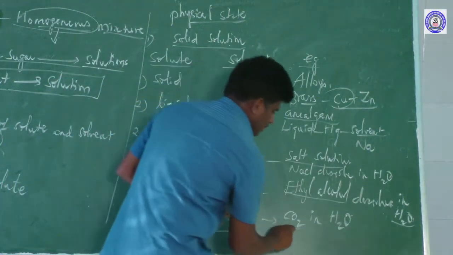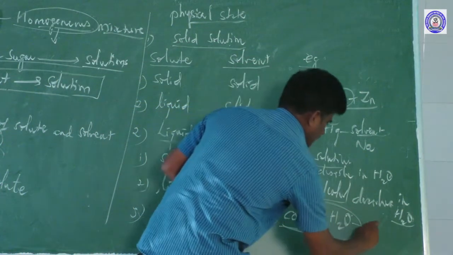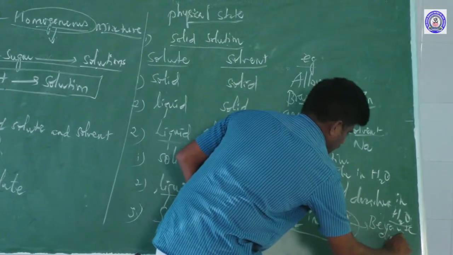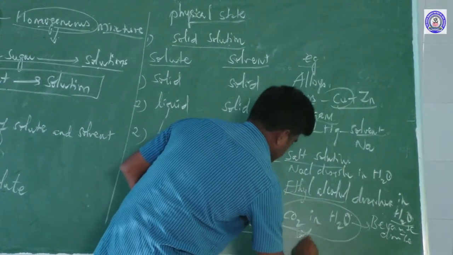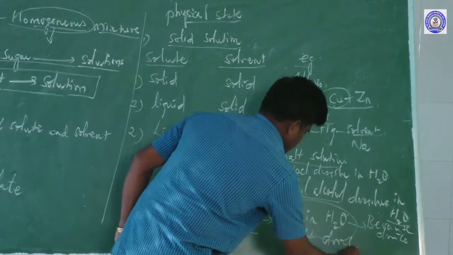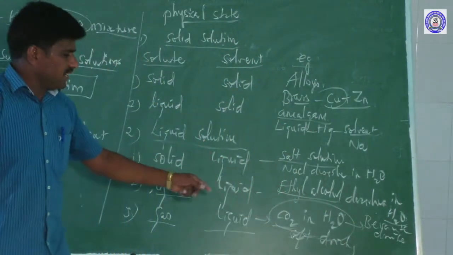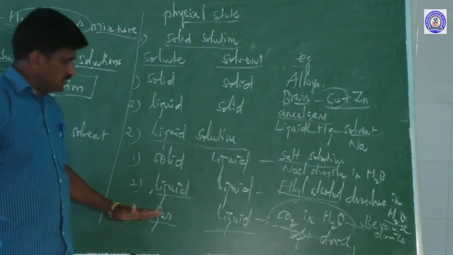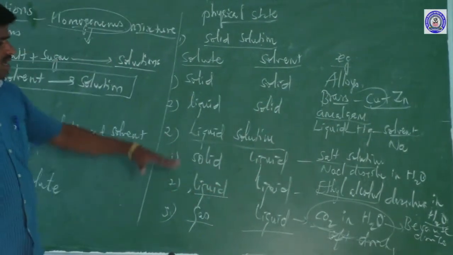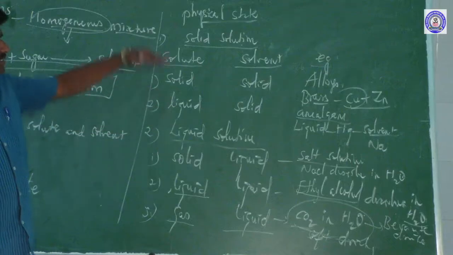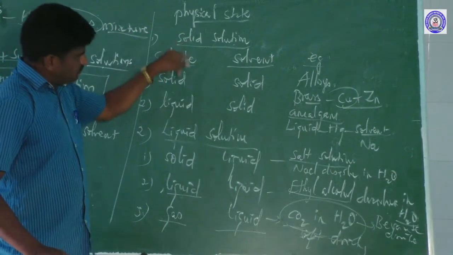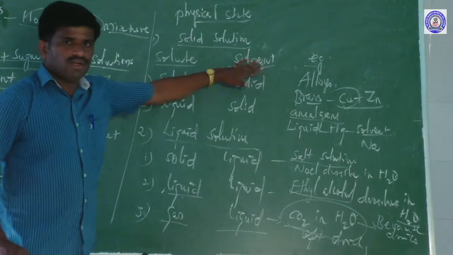This is carbon dioxide in water, as in soft drinks. By using pressure, the gas carbon dioxide is dissolved in water, and such a solution is called a gas in liquid solution. These are the main examples, and this classification is based on the solute's physical state as well as the solvent's physical state.